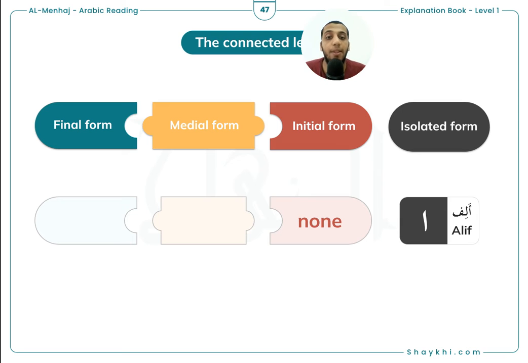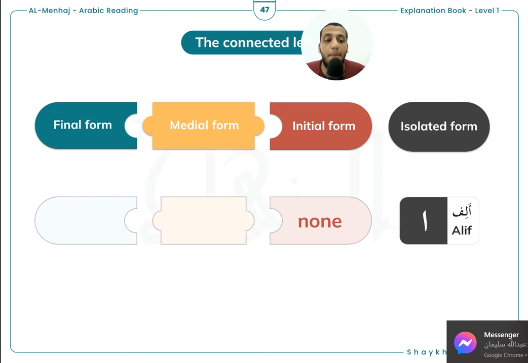In the initial form, there is no shape of the letter Alif. You might ask why? Because Alif doesn't come at the beginning of the word. How?